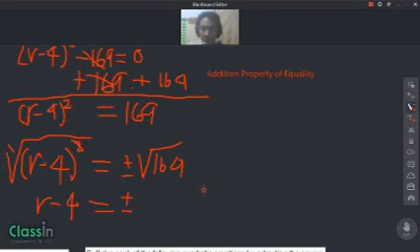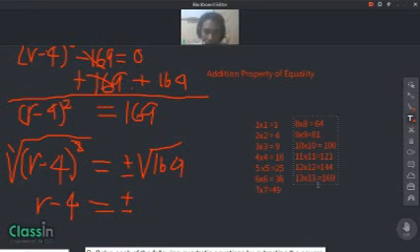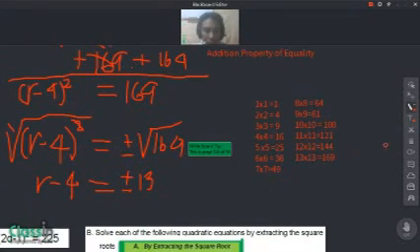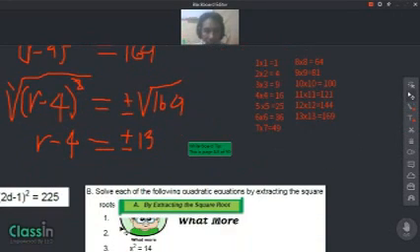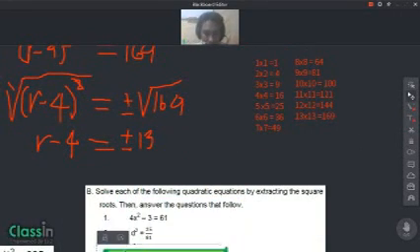So you think of a number that when you multiply it by itself, or when you square it, the answer is 169. The number that when you multiply it by itself results to 169 is 13. So that is positive or negative 13. Meaning to say, positive 13 times positive 13 equals 169, or negative 13 times negative 13 is also 169.